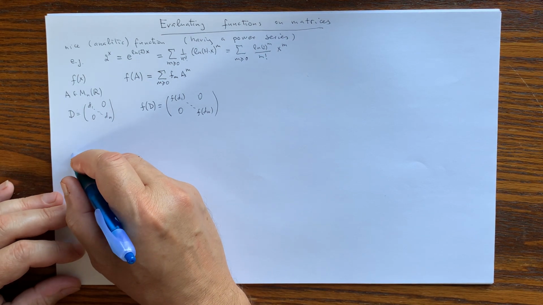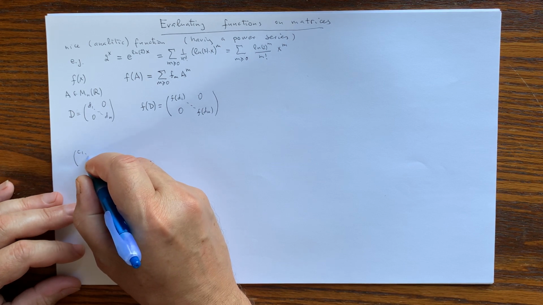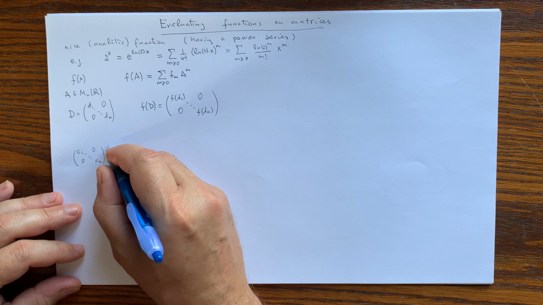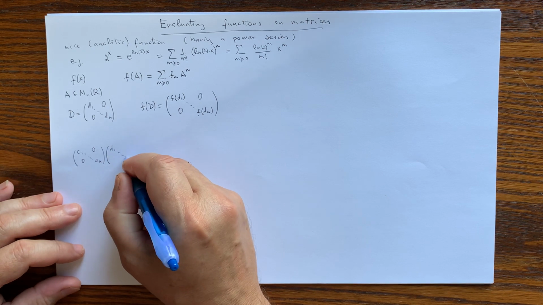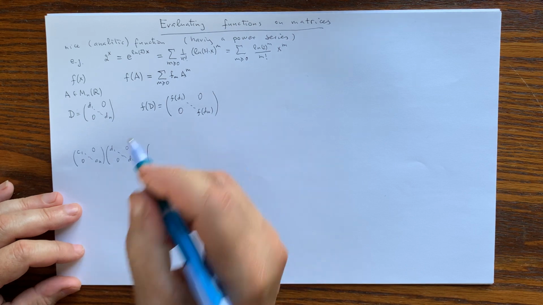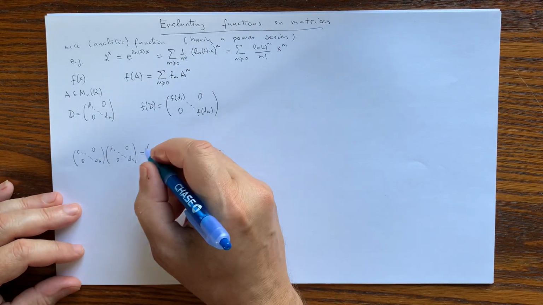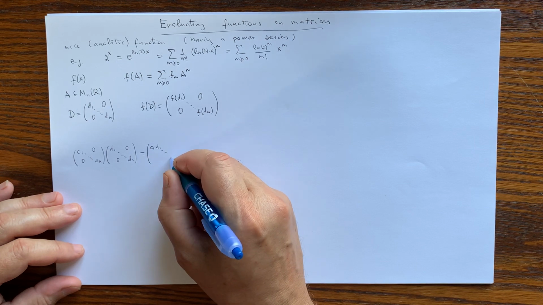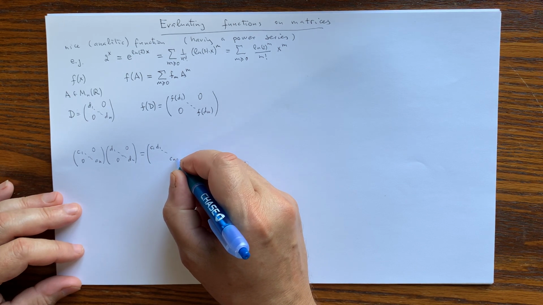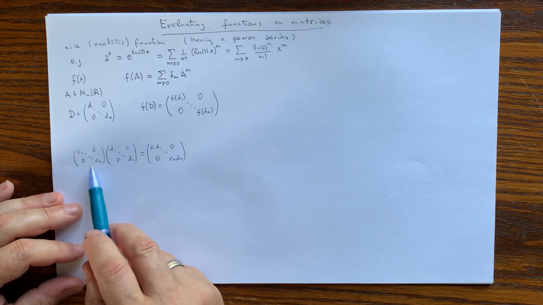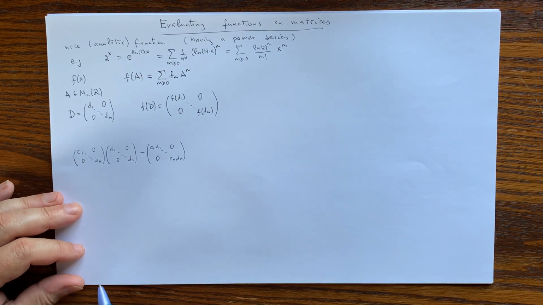Let's start with multiplication first. Let's imagine two diagonal matrices of the same size. And when we multiply them using the multiplication rule, we will just see that we end up with a diagonal matrix again, and on the diagonal of that product, there will be just products of diagonal entries of the two factors we had here. That is for multiplying.